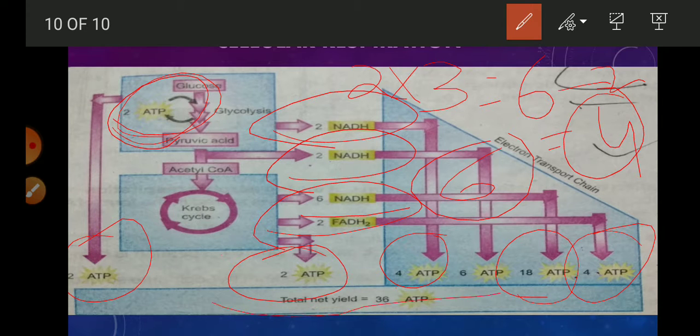So overall, a human eukaryotic cell forms 36 ATPs. 2 in glycolysis separately, and 4 from NADH, and then from pyruvate to acetyl coenzyme A, we also get 2 NADH, so we'll get 6 ATPs.